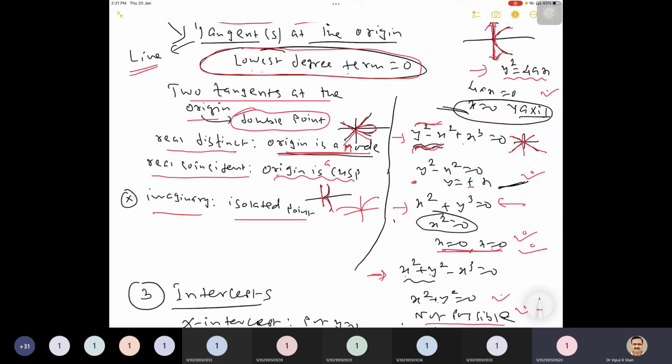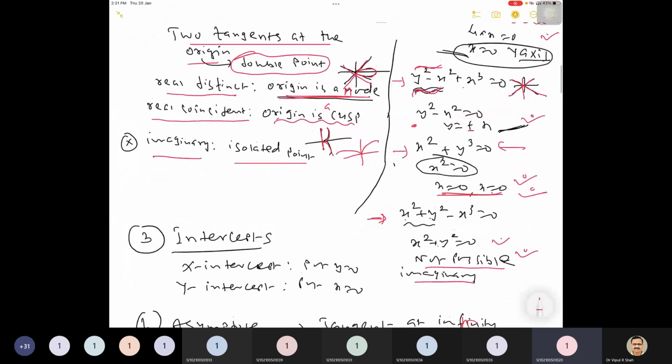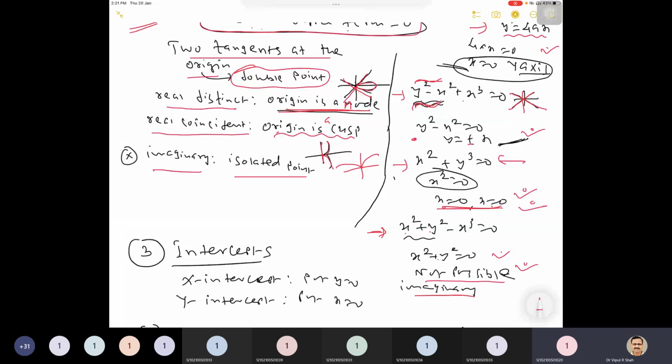Now, the next concept is very simple, and it is nothing but the intercepts. Intercepts means where the curve crosses the x-axis or y-axis. That is called the intercept. Where does the given curve cross the x-axis and y-axis?